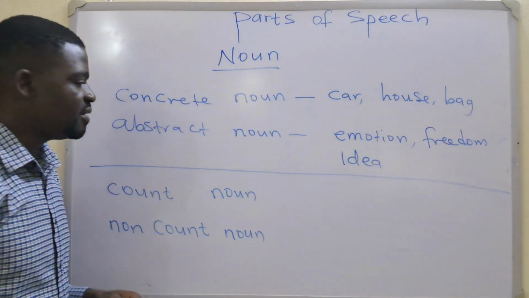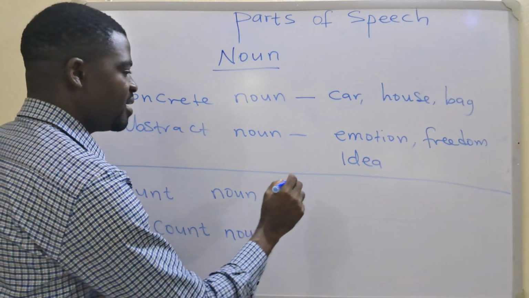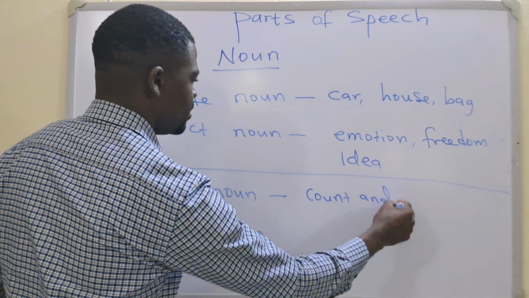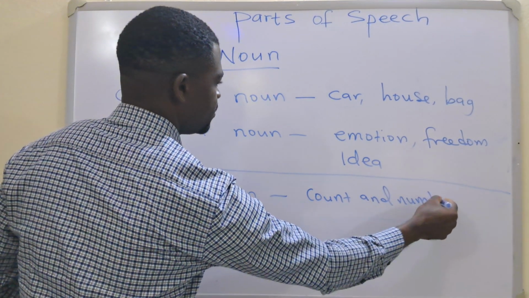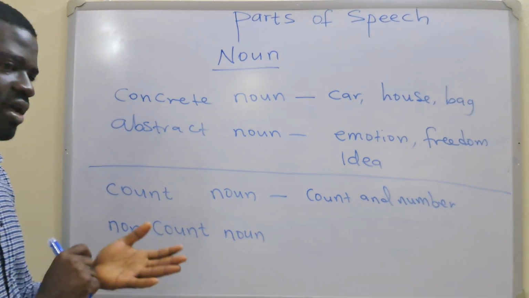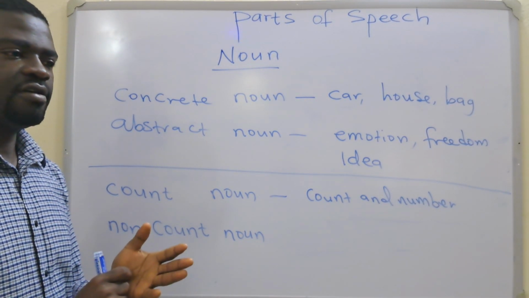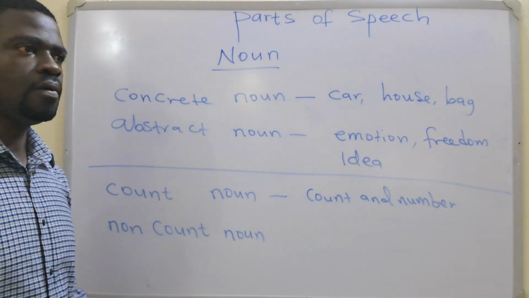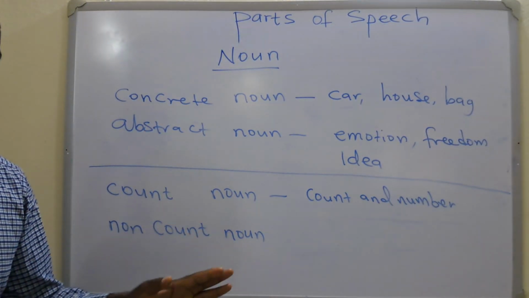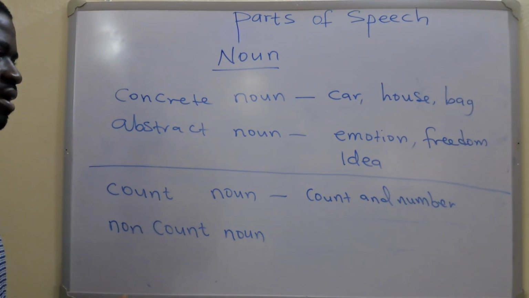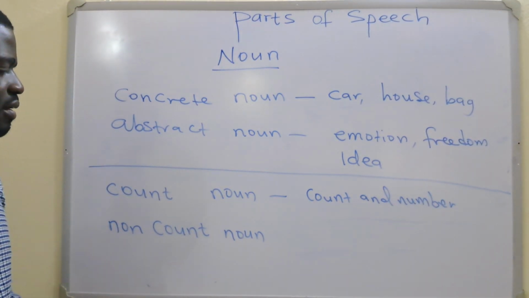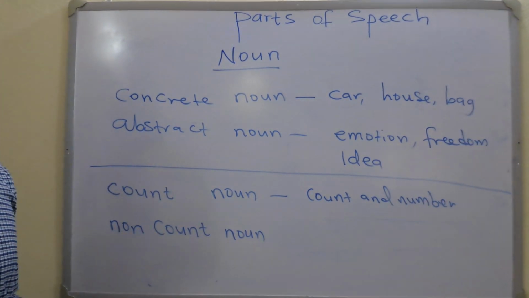So the count nouns are the ones you can count and number. If you can count the number of houses you have, or the number of cars in your street, or the number of people walking around the road, or the number of people in your house, then people, cars, houses are count nouns. And there are other nouns that you can't count.